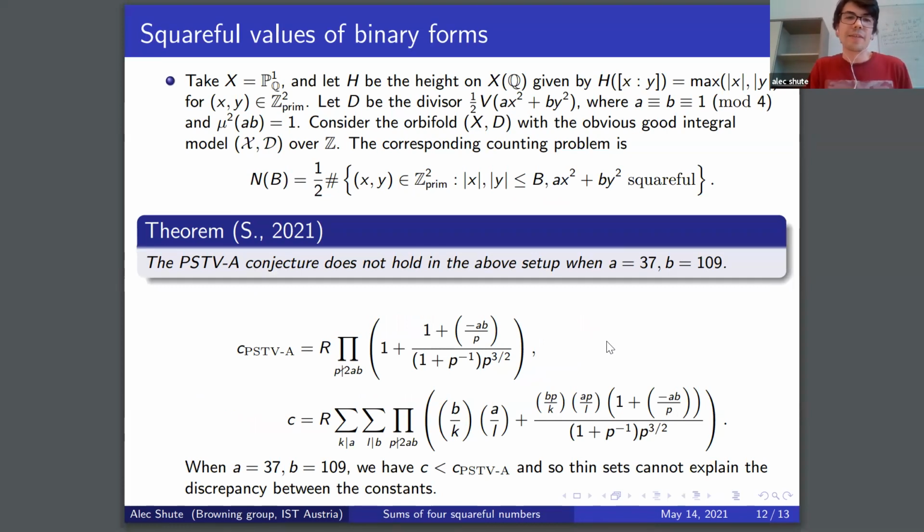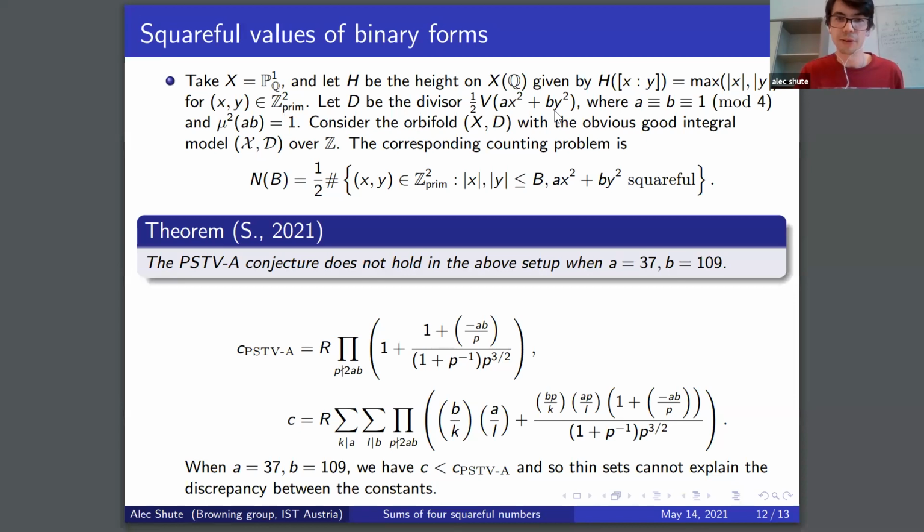So we considered a slightly different example of squareful values of binary forms. Here we take X to be P^1, and we take H to be the usual height on X. And D is the divisor (1/2)(AX^2 + BY^2), and we assume that A and B are 1 mod 4 and they're coprime and squarefree for convenience.